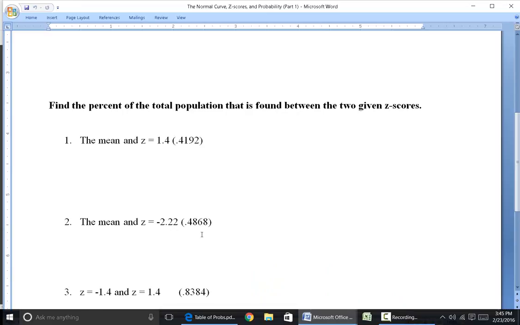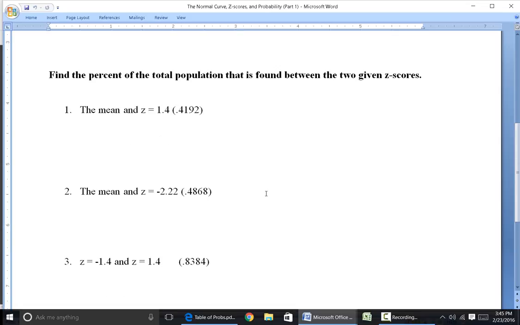Now, in the next one, we want to find the percent of the total population. In this particular case, they could ask you, what is the probability that a person scored within 1.4 standard deviations of the mean. So you could give it a probability.